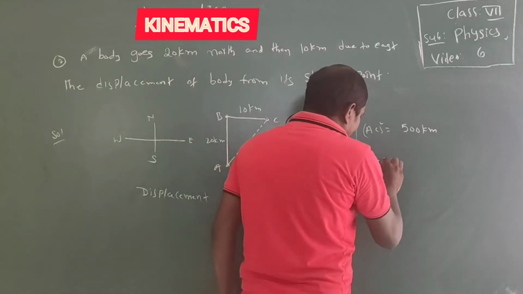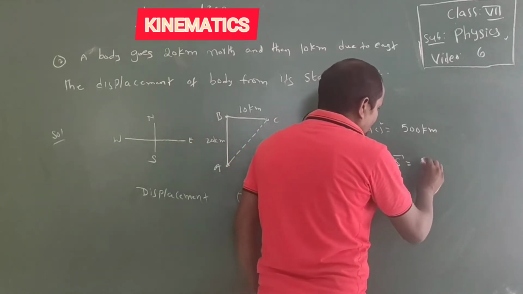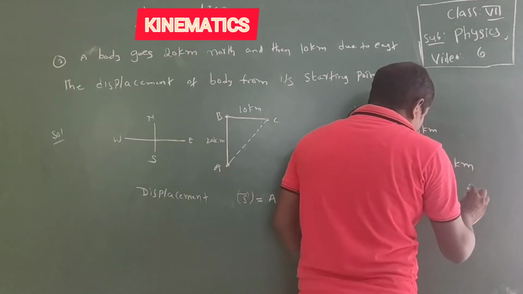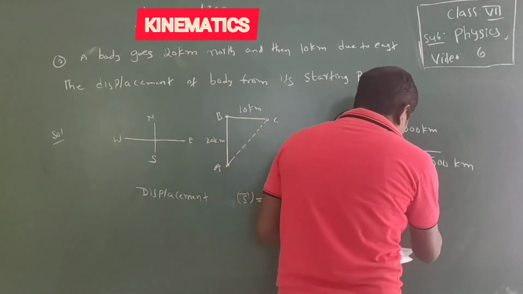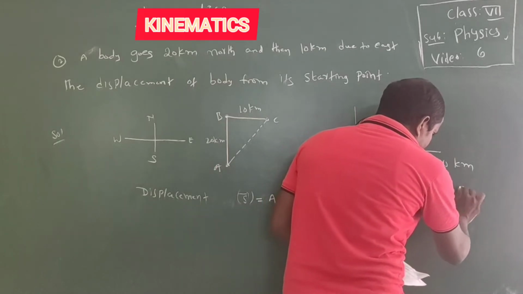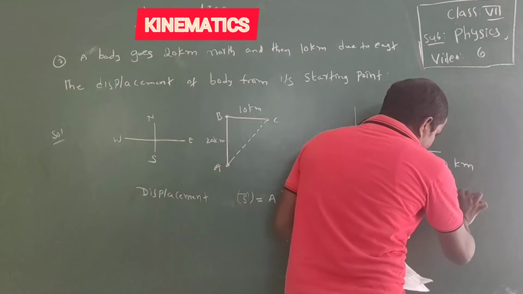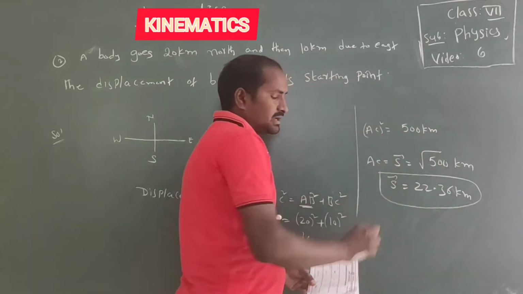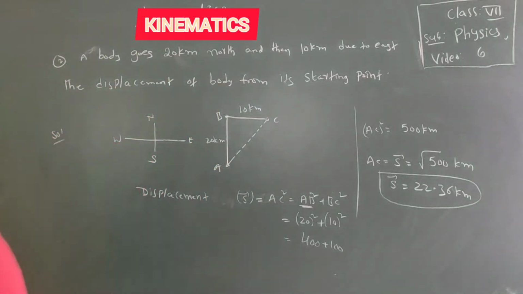Therefore AC or displacement equals root 500 kilometers, that is 22.36 kilometers. It is the displacement. Okay. Next.